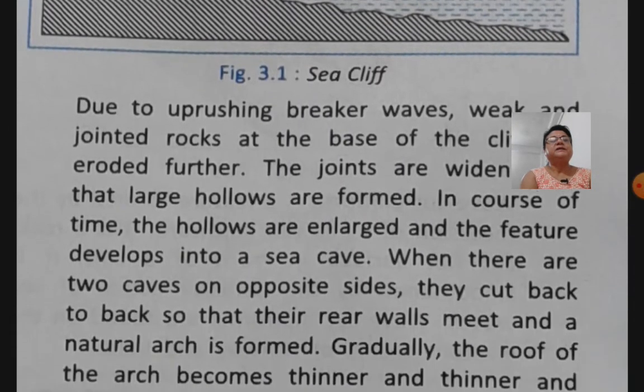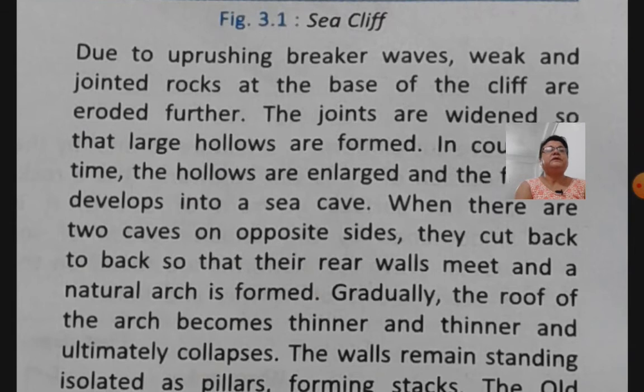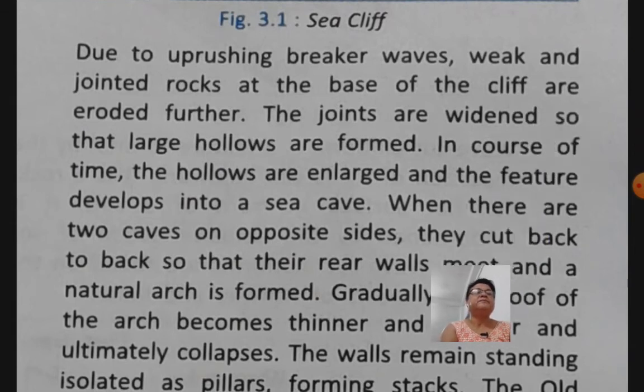Okay, त्यसपछि आउँछ, due to the uprising breakers, waves, weak and joint rocks at the base of the cliff are eroded further. The joints are widened so that large hollows are formed.